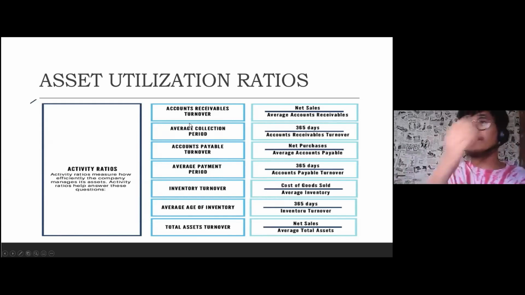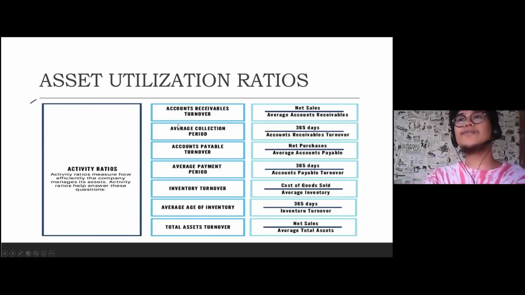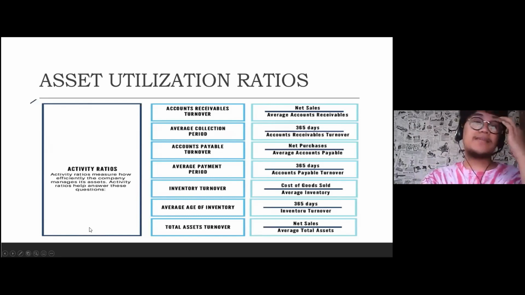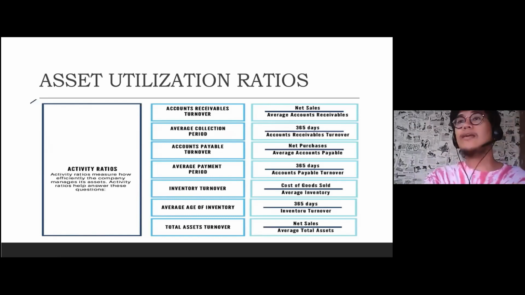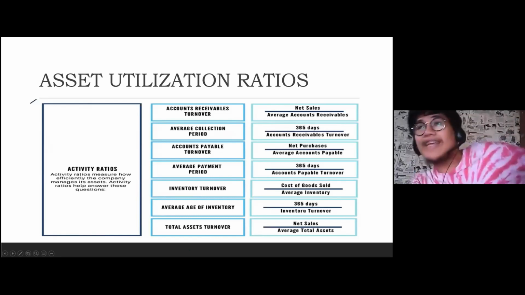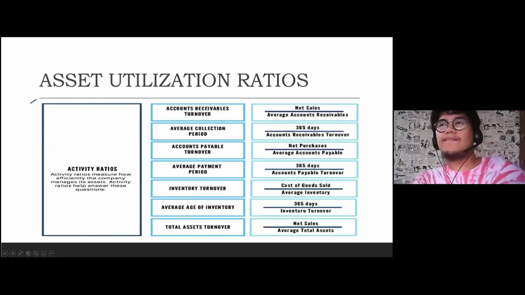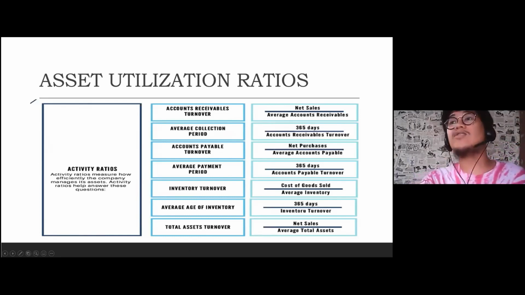So we have several formulas here. The first one is your accounts receivable turnover. Accounts receivable turnover is calculated by dividing your net credit sales over your average accounts receivable. So paano natin kino-compute si average accounts receivable again?